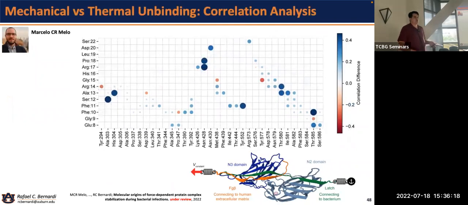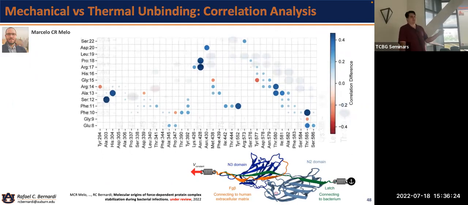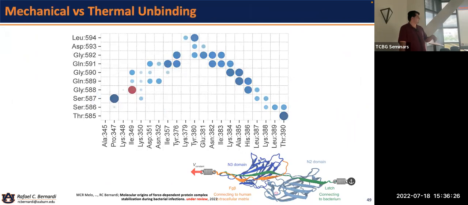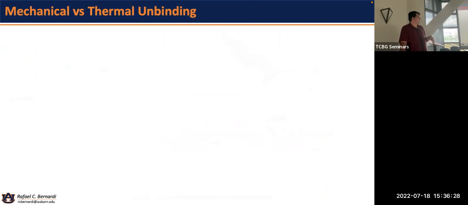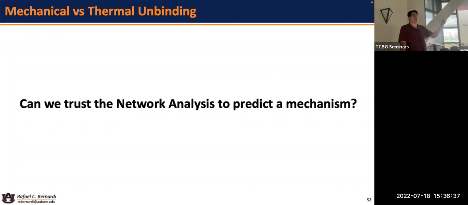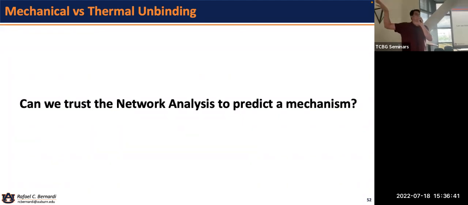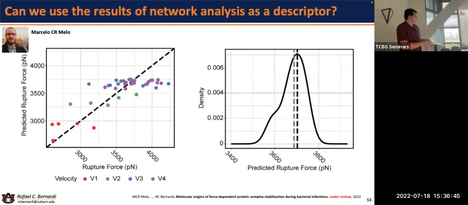So we want to calculate when we lose this contact, and then we tell what the force is for that simulation, and then we try to predict it. In our training set, we had about 150 simulations, and then we confirmed it. But some of them have different mechanisms, you said. Oh yeah, but we're looking only at the high force, so each group is analyzed independently. That's why we get different colors, the different velocities.